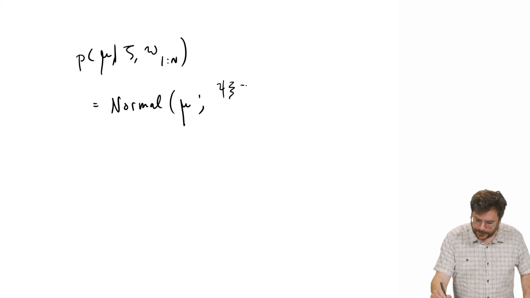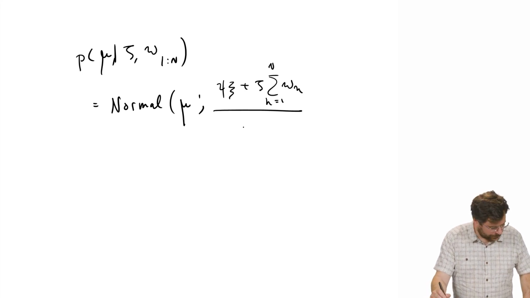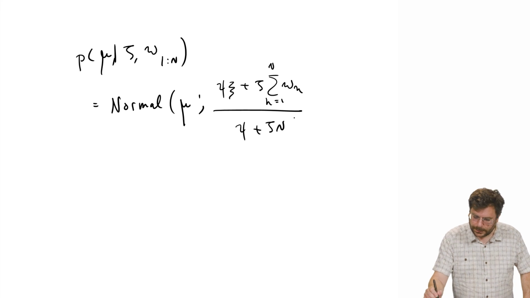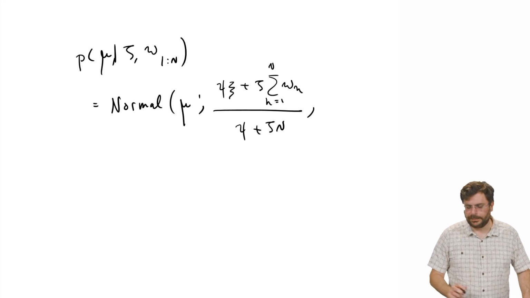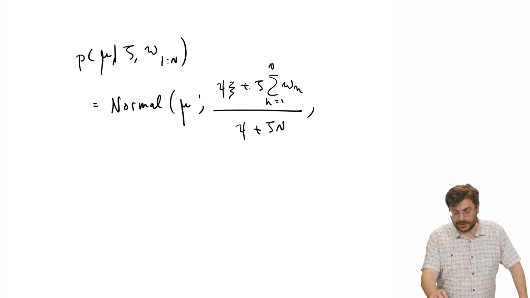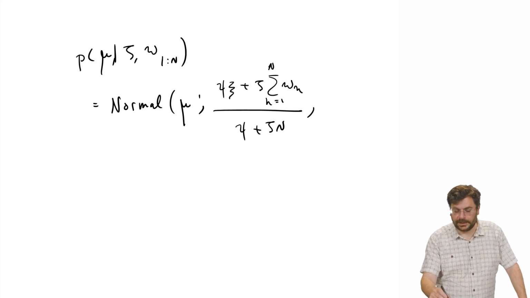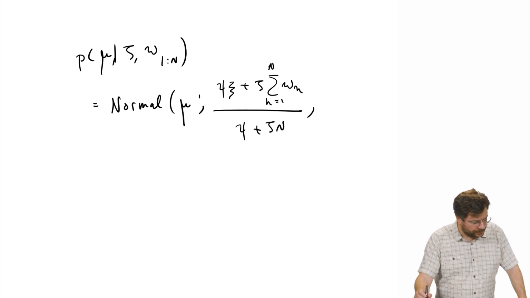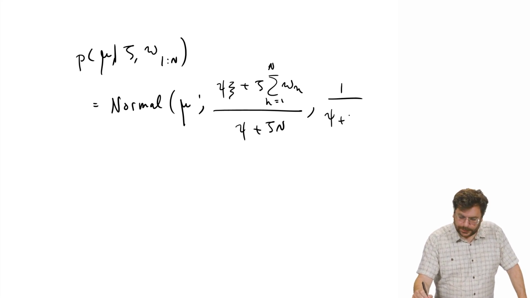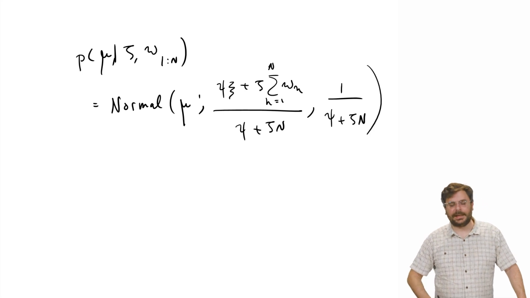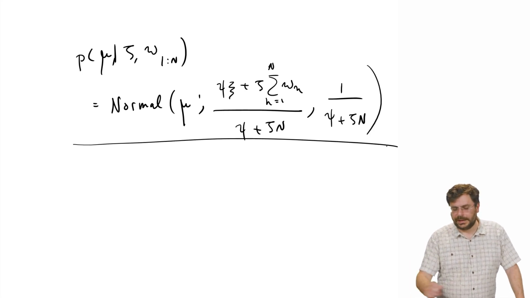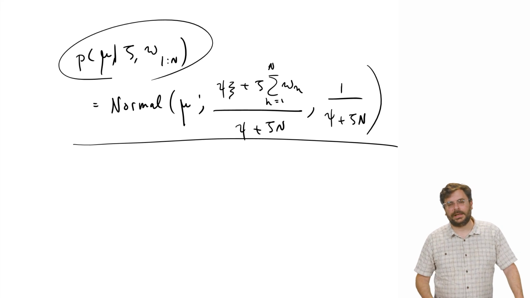And the mean, if I do my math correctly, will be the following: psi times xi plus the precision multiplied by the sum of the data, divided by psi plus tau n. And the precision will be psi plus tau n. So that's how I obtain my first conditional.